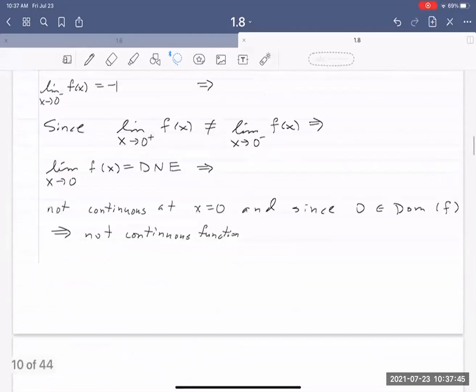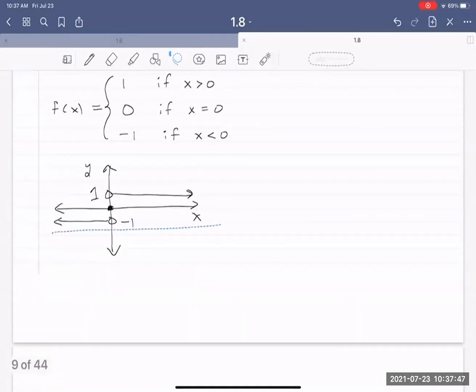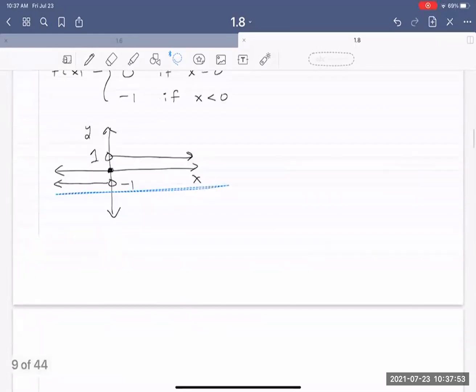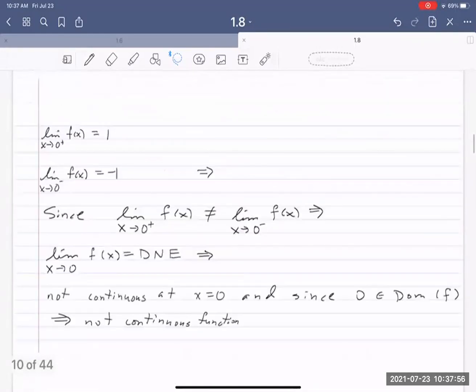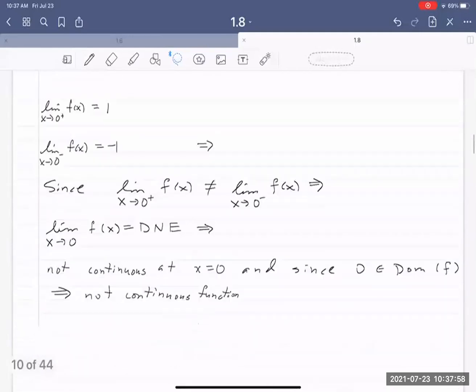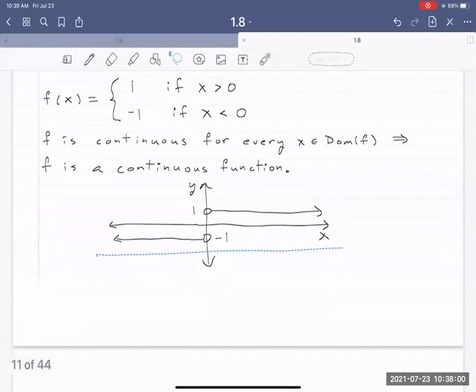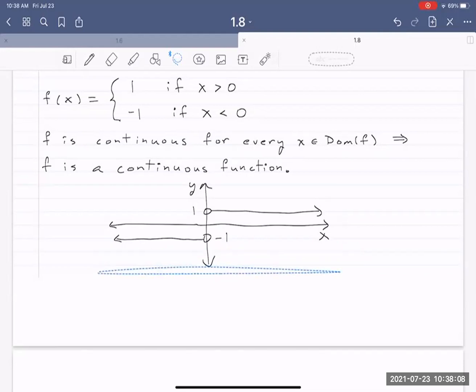This function is not continuous on the real line. It is not a continuous function. This function is not continuous on the real line. It is a continuous function.